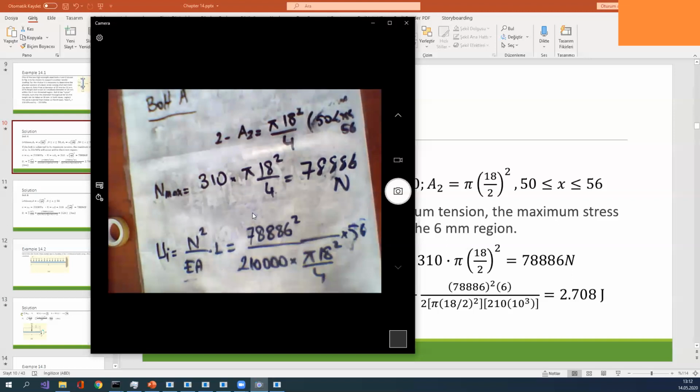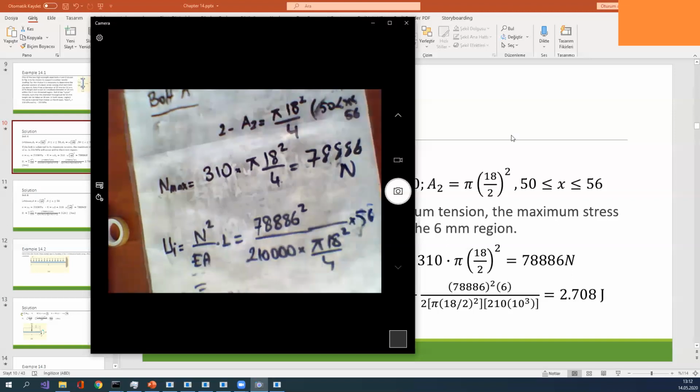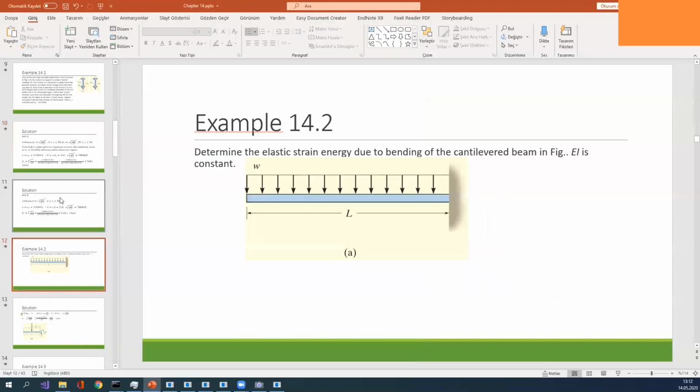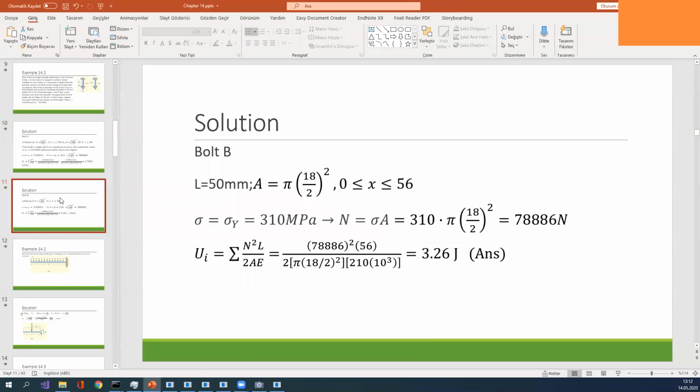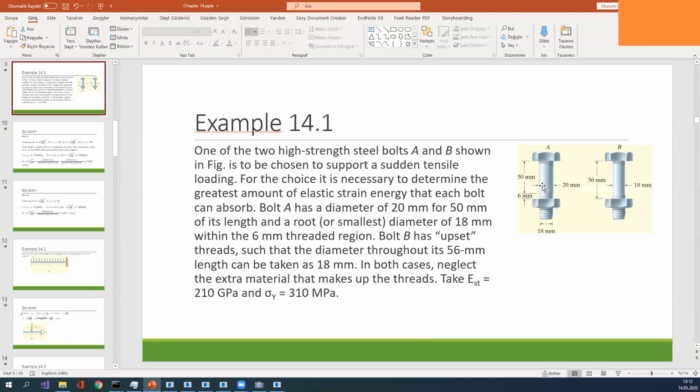After that, we obtain the internal energy for bolt B equal to 3.26 joule.